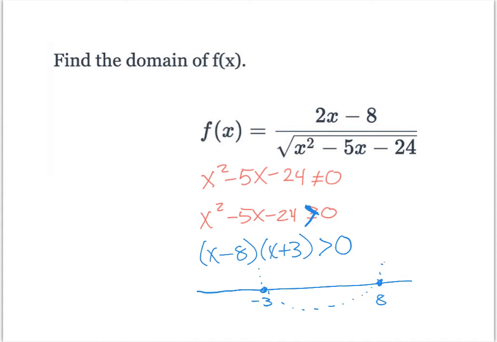If we want this to be above 0, that means that the stuff that's over here works and the stuff that's over here works. Anything between these two would be below the x-axis based on graphing this parabola. This means that our domain could be that x is going to be from negative infinity to negative 3 and from 8 to infinity. It's all the stuff in the middle that we have an issue with.